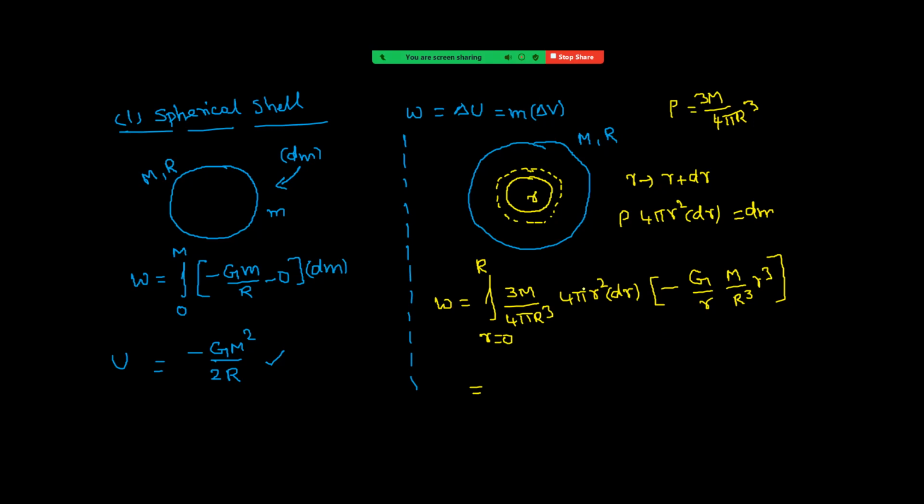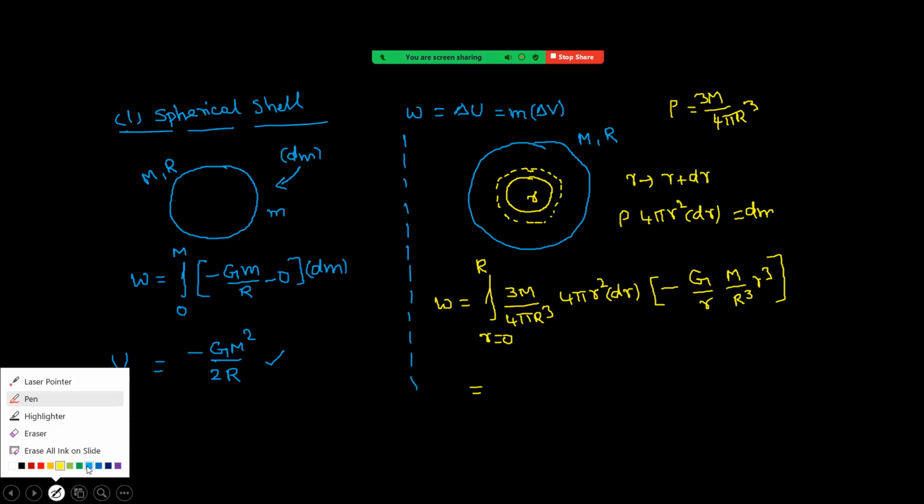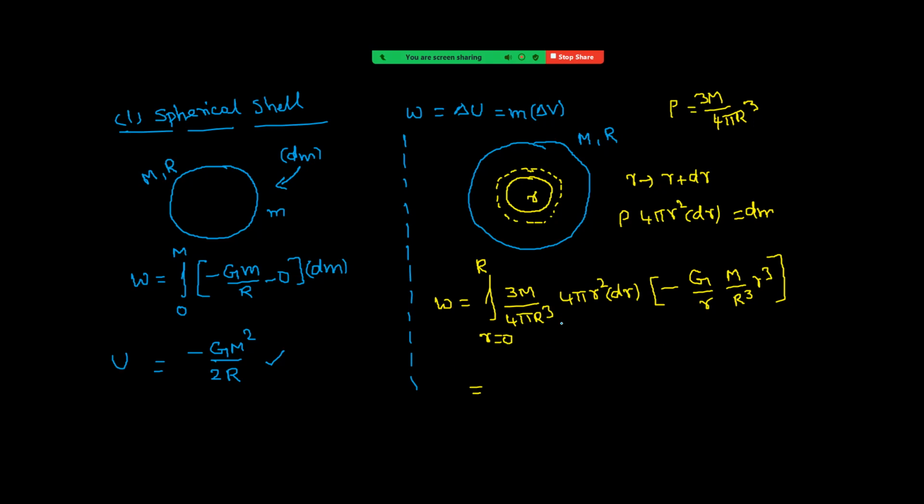See the calculation part. 4 pi gets cancelled. Next, one r is here and one r gets cancelled.